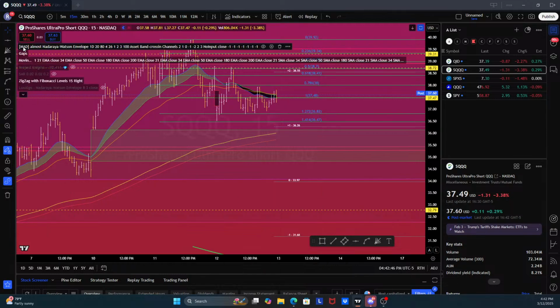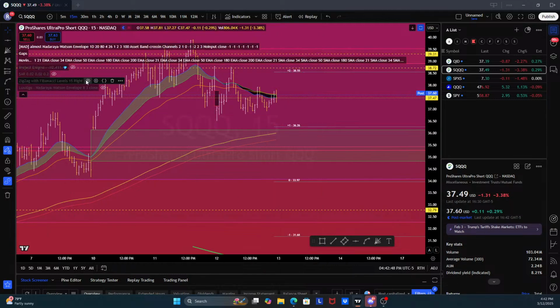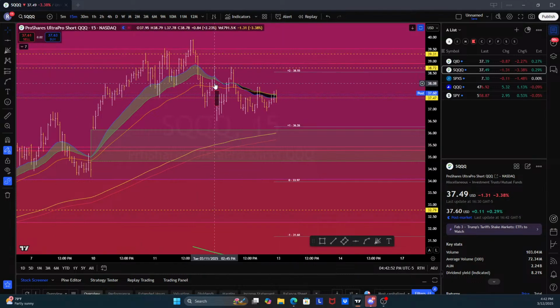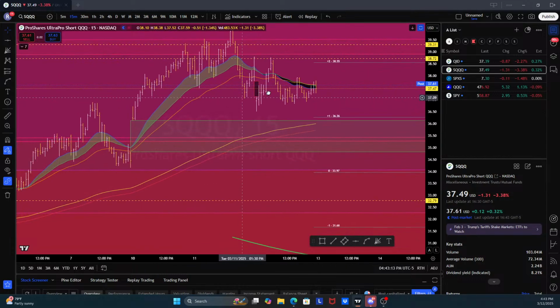If I take off Fibonacci, then I'm using straight EMAs. With the EMAs, I'm watching the 180 and the 200, and then I'm looking at the 50, because the 50 tells you where the trend is heading. If it's below or above the 50, then you start watching for price action to move in that direction.